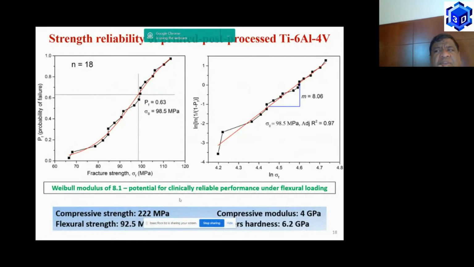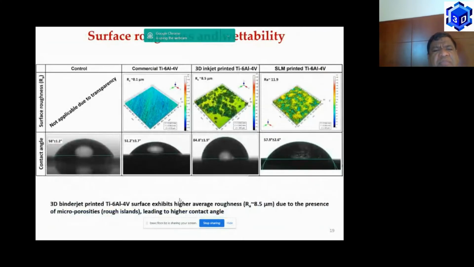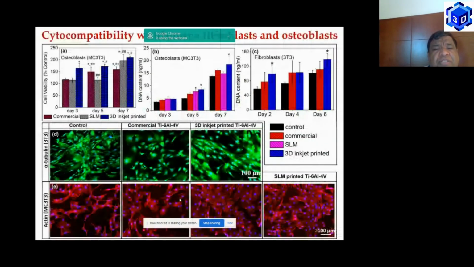One of the main things of the 3D printed structure is the strength reliability, because it is interconnected porous and also has a reasonably high fraction of porosity. What we get in these particular cases of 3D printed Ti6Al4V is a Weibull modulus of 8.1. And 8.1 Weibull modulus is a very respectable number, particularly for porous scaffolds.